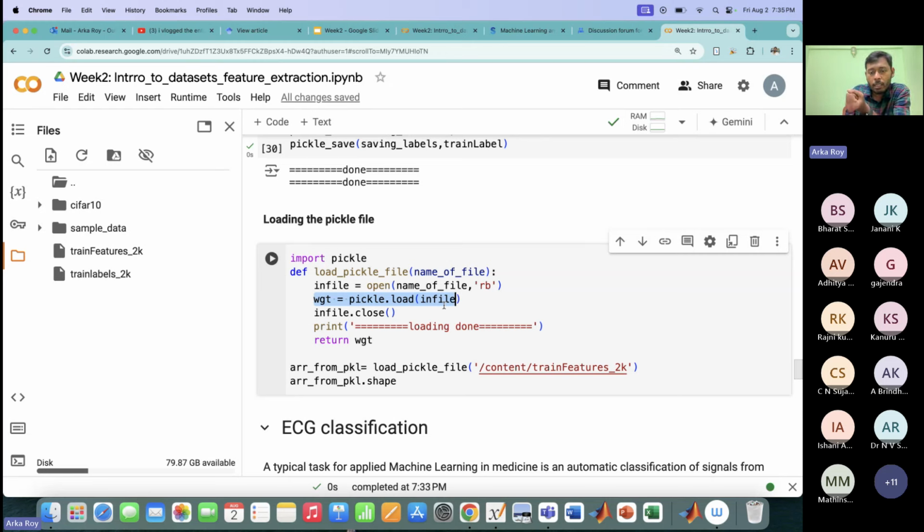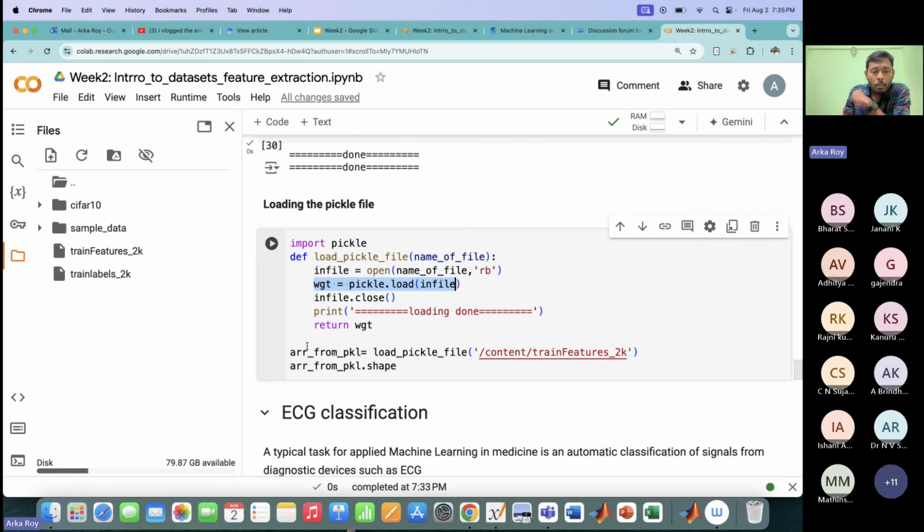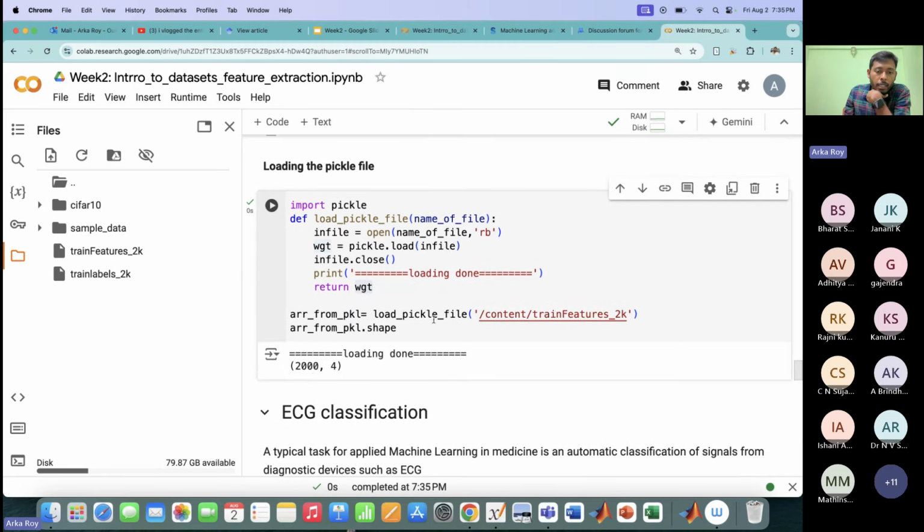Now if you pass it through, your data has been retrieved in WGT, so your return function will give you WGT, where the data has now been retrieved. If I just run it, I'm storing the data in array from pickle.